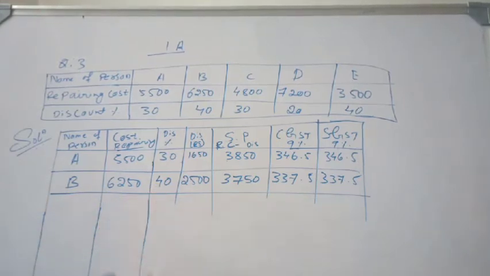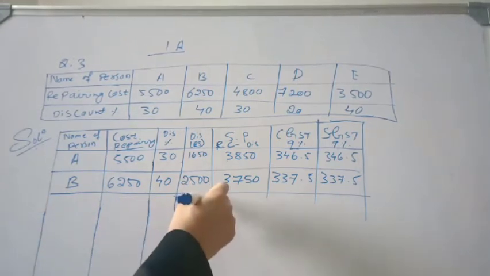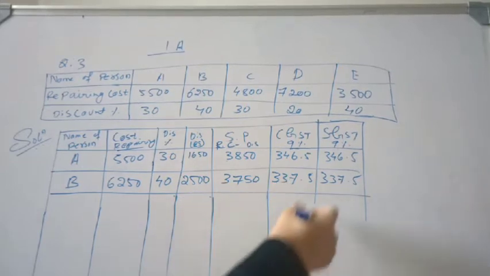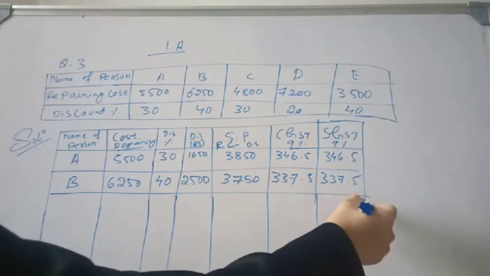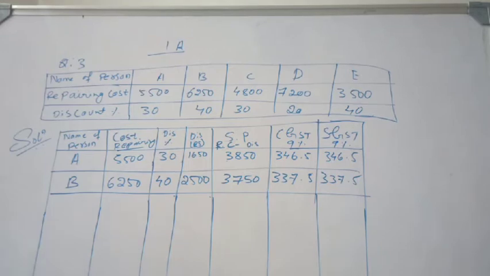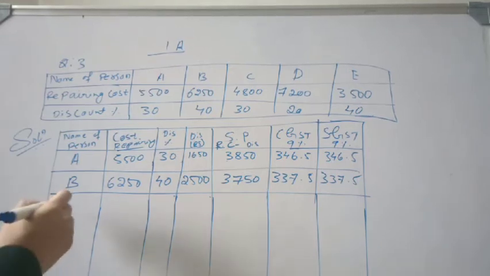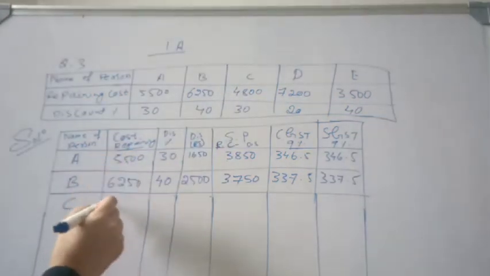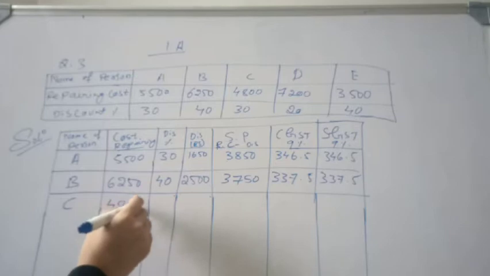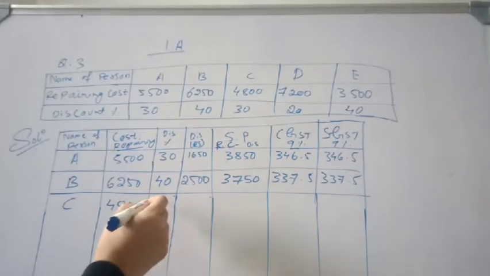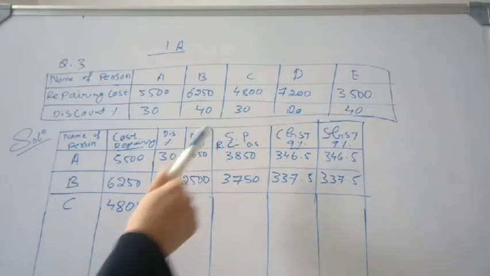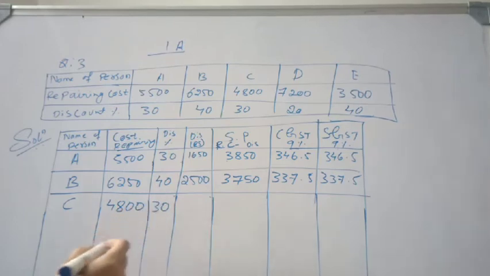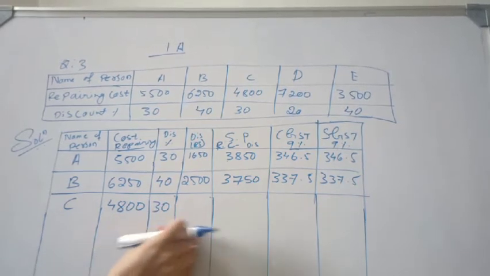The person is C. The repairing cost is 4,800. The discount percentage is given as 30%.